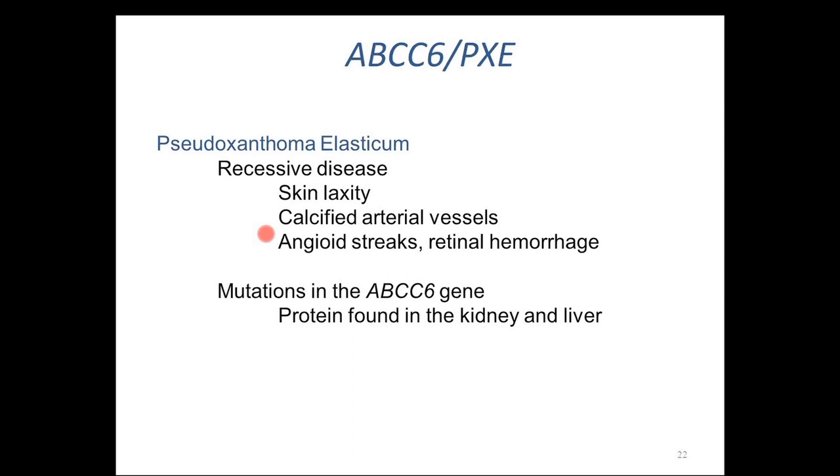and vision loss in PXE. That's a medication originally developed to treat cancer, because we know tumors, as they grow, need a blood supply. So the theory was, if we can inhibit the blood supply of a tumor, we can inhibit the growth of a tumor.